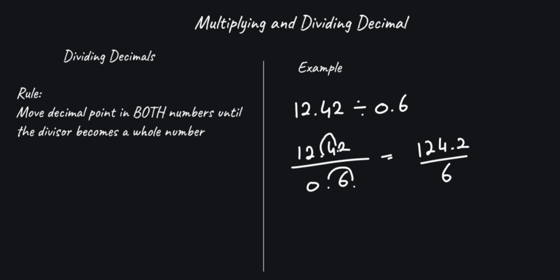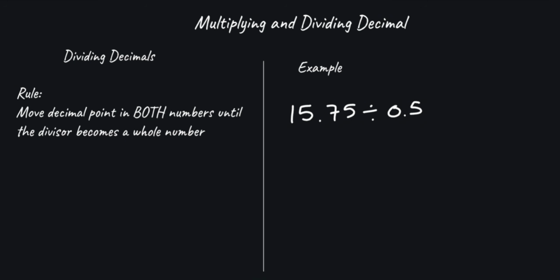So here we're going to use the first rule of keeping the decimal place at the top. 6 into 12 is 2. 6 into 4 is 0, because 6 can't go into 4, but 6 into 42 is 7. And we drop the decimal point, and that would be your answer.